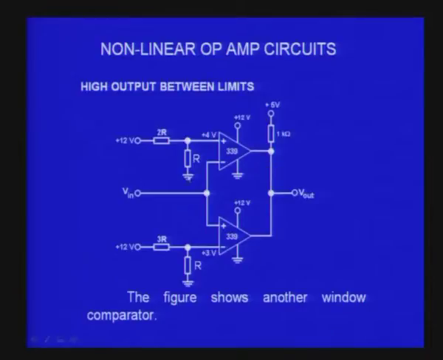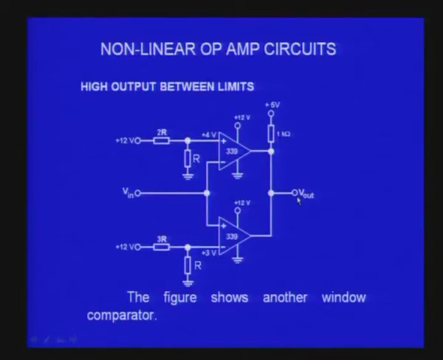So whenever the voltage is between 3 volts and 4 volts, the output is 5 volts, because both the op amps will be in cut off and you get 5 volts. Whenever the voltage is less than 3 volts or more than 4 volts, one of the op amps will conduct and make the output transistor go into saturation, and therefore the output will become 0.